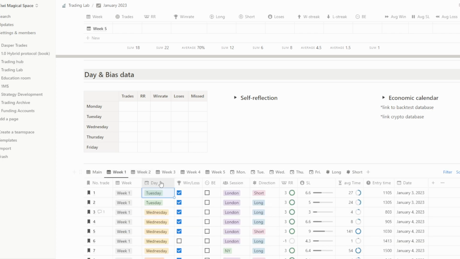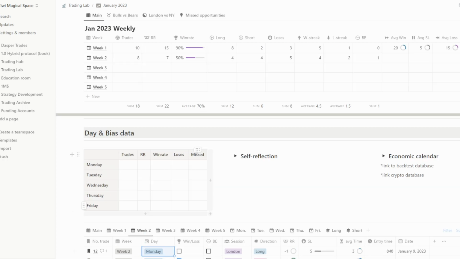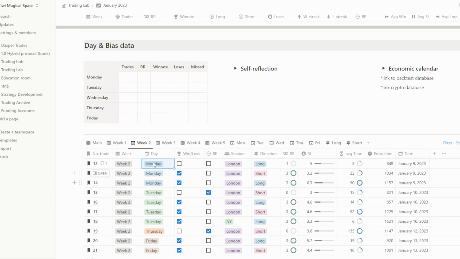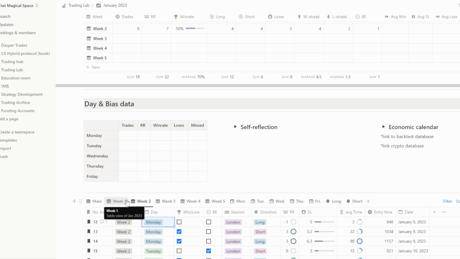Then I'm collecting these weeks. What I do is I update this particular dashboard with this data. I analyze every single week, how many trades I took, and the same as I was showing you with the month, what was my strongest month.